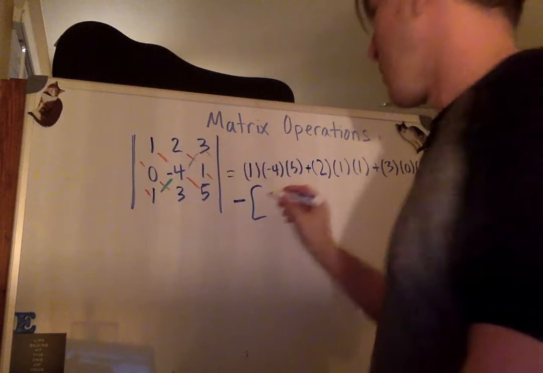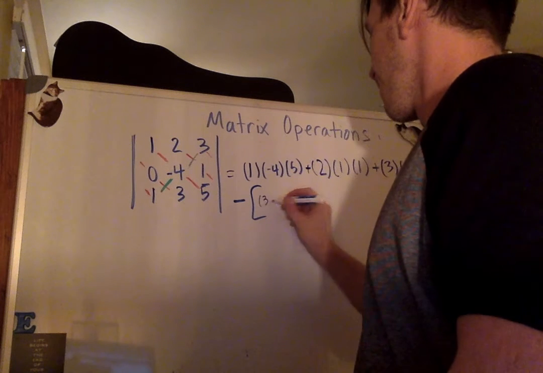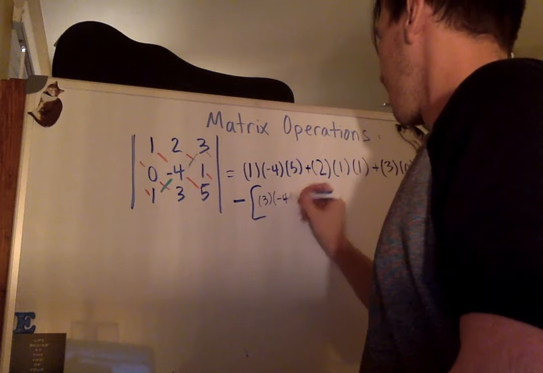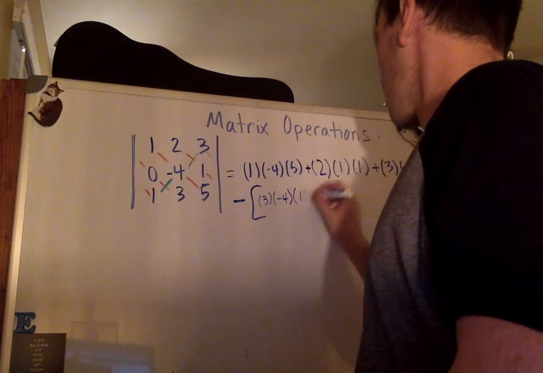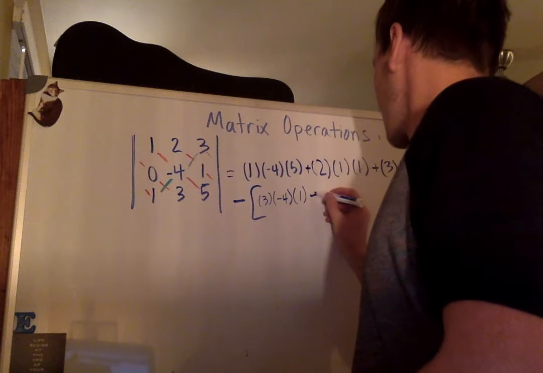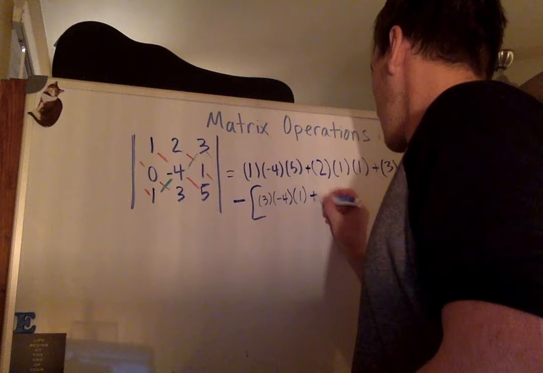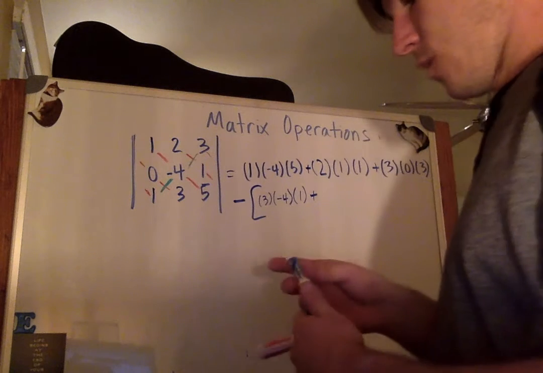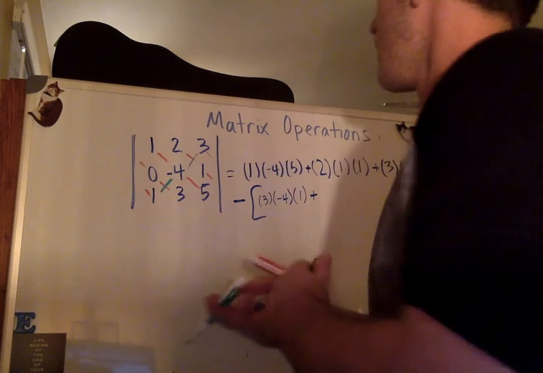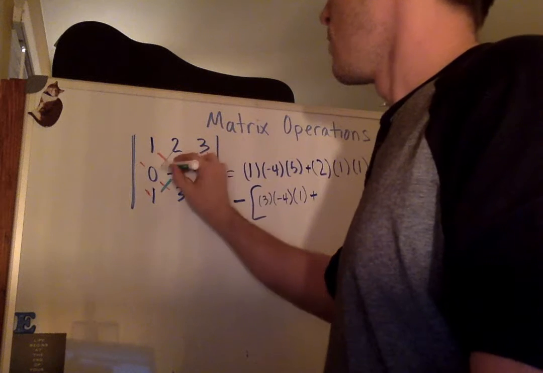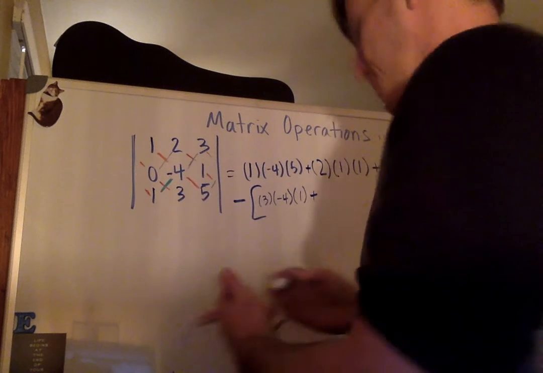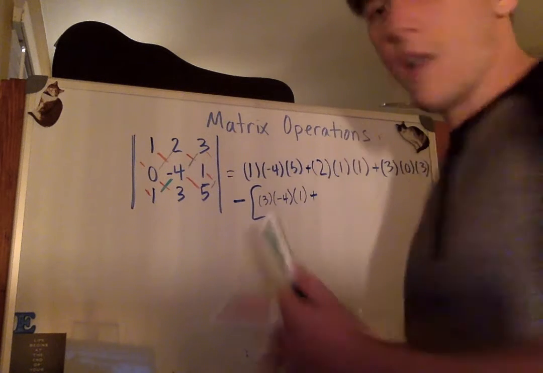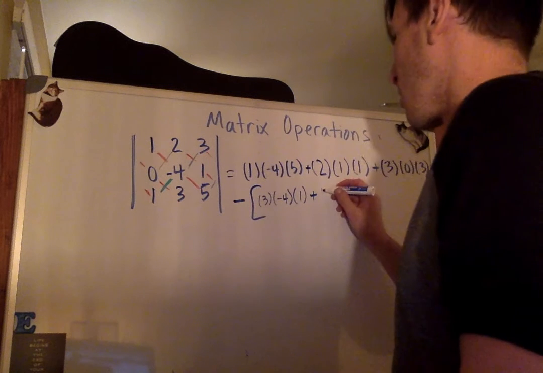So the first one is 3 times negative 4 times 1. And the next one is 2 times 0 times 5, which I want to do in my head, but I'm not going to, for the sake of showing my work.